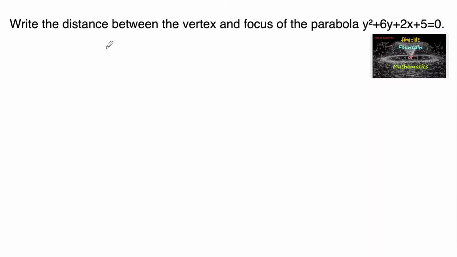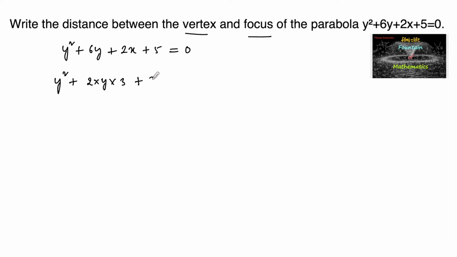Write the distance between the vertex and focus of the parabola y square plus 6y plus 2x plus 5 equals to 0. So this equation we can also rewrite as y square plus 2 into y into 3 plus 3 square minus 3 square plus 2x plus 5 is equal to 0.